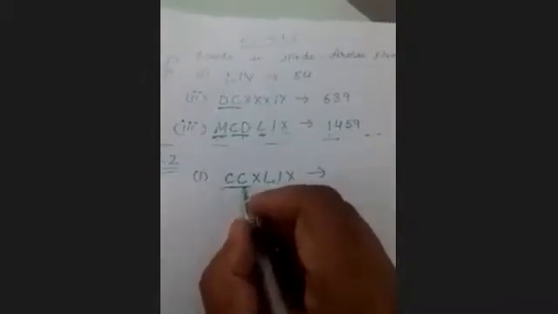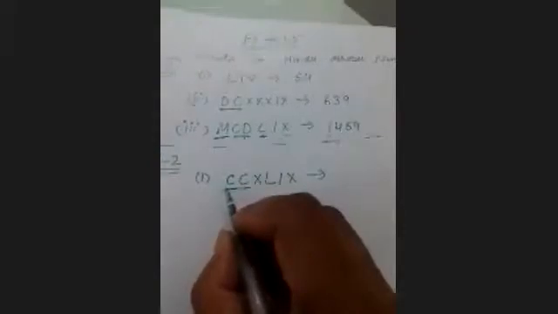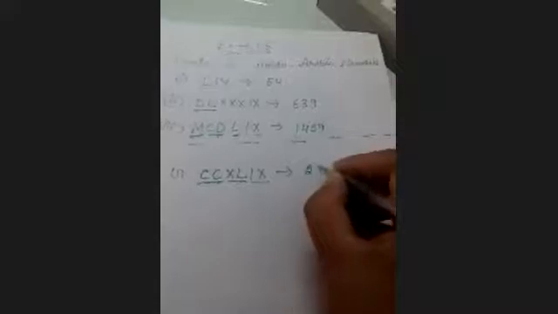XL is 40, so 240. Then IX is 9. So the number is 249. Clear, students?